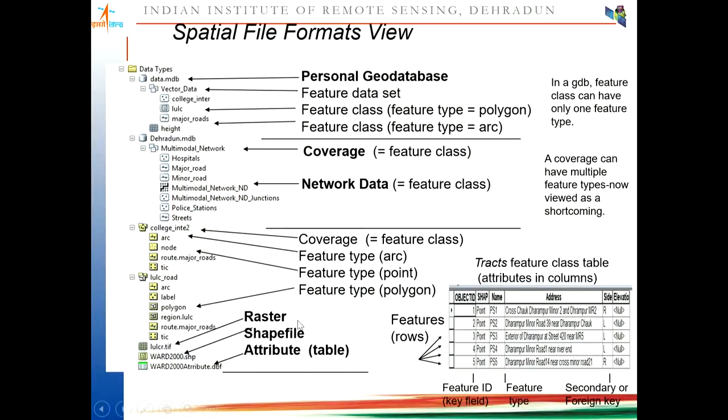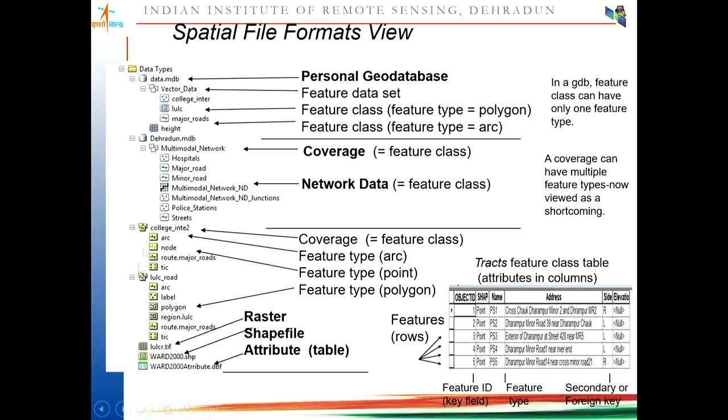This is one of the examples which you generally find in proprietary software like ArcGIS, which will have personal geodatasets and a set of feature datasets which share a common reference system, and then you'll have different kinds of geometries. Similarly, we can have different coverages. We can also have network-based topologies. Arc coverages are also shown here, and we also have a shapefile.